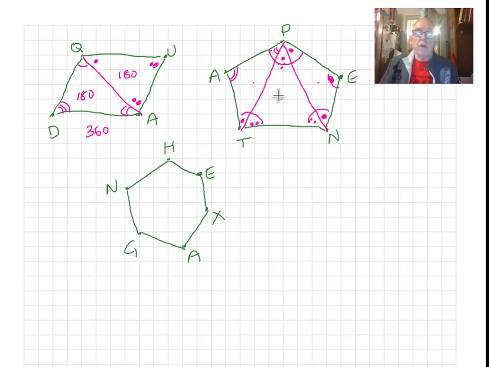So now we have 3 triangles. Each one of these has 180 degrees. 3 times 180 gives us 540 degrees for the measure of the angles inside the pentagon.